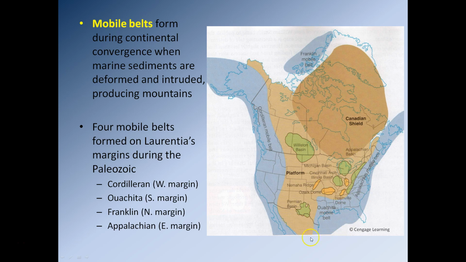We have the Ouachita mobile belt down here covering portions of Texas, Oklahoma and Arkansas. We have the Cordilleran mobile belt running up the western seaboard. And up here we have the Franklin mobile belt, also called the Innuitian mobile belt, along the northern margin of North America. These are areas where continent-continent collisions or collisions between continents and island arcs have produced mountain ranges. And the reason they're referred to as mobile belts is, of course, that the belts themselves shift.